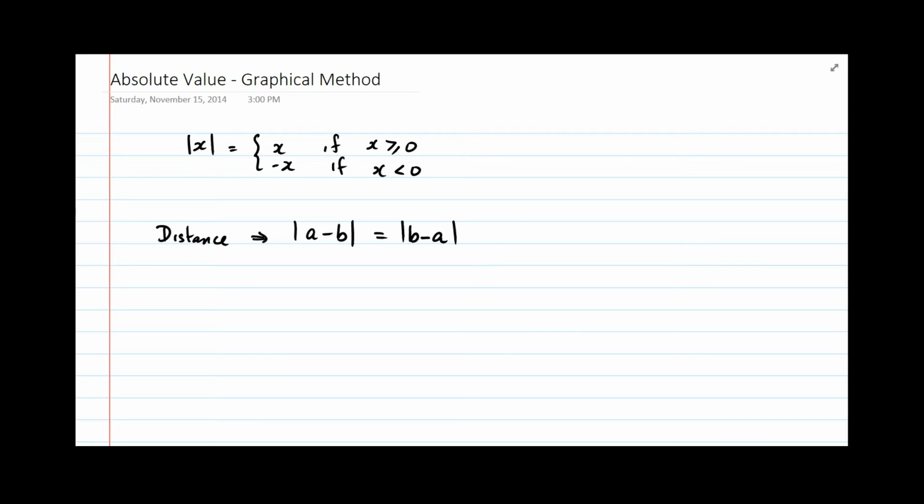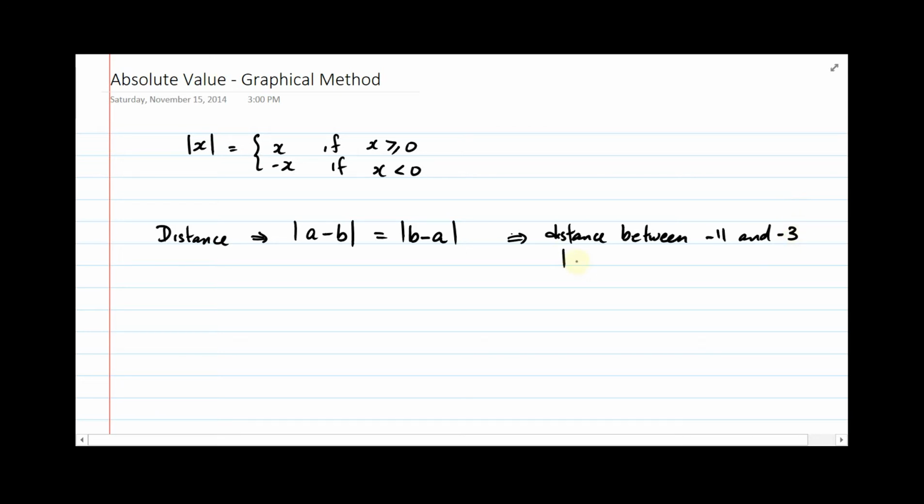Just recall that if I didn't see this number line from an arithmetic point of view, I could ask, what's the distance between, say, negative 11 and negative 3?